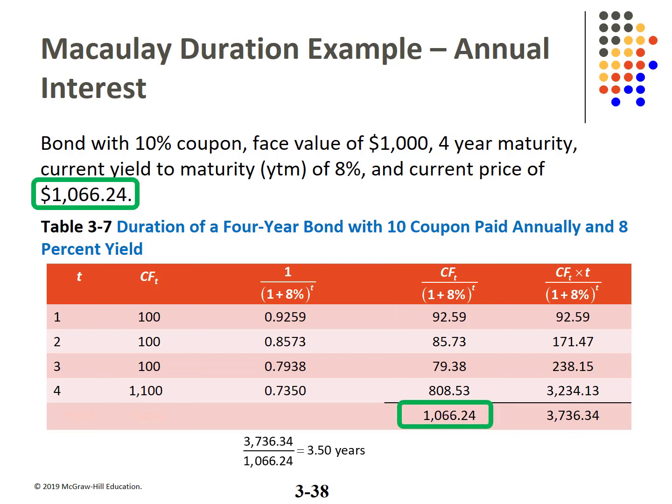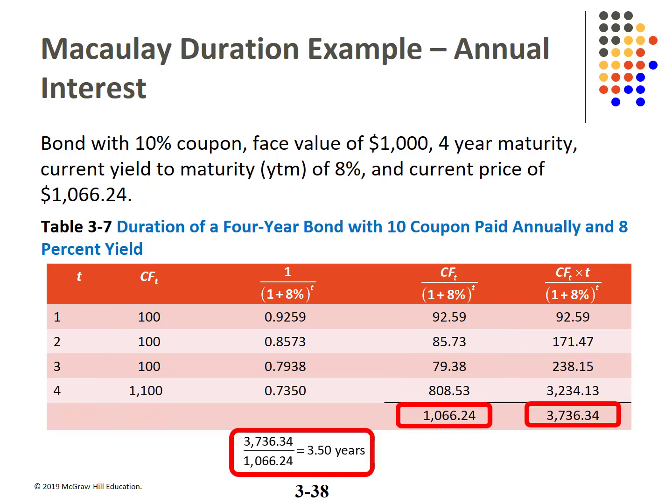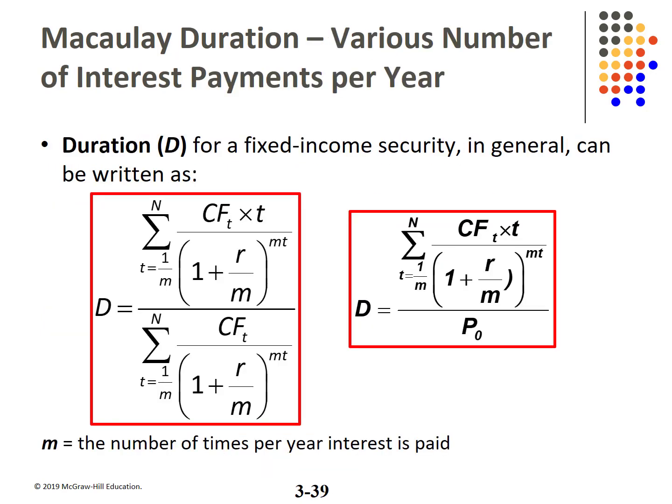The sum of the discounted cash flows by definition is the bond's price. Multiply each discounted cash flow by the year and sum the results. Divide the summed result by the bond price, the result: duration. These formulas adjust the basic Macaulay duration formula for more than one interest payment per year.